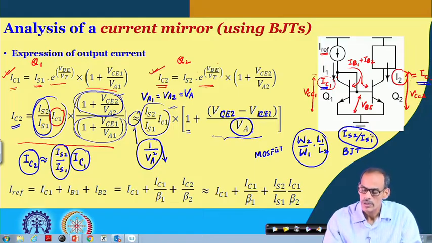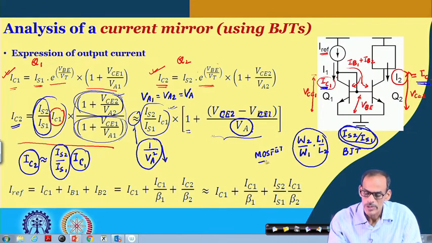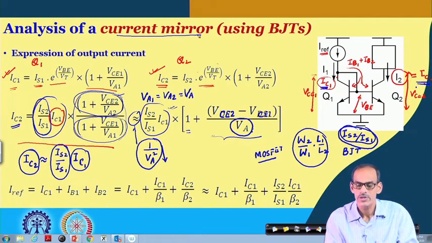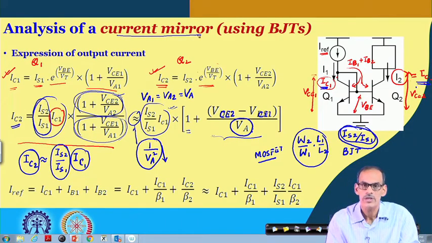In fact, geometrically, if we see the dependency of this IS on the geometry of the transistor, this ratio is, I should say, the emitter to base junction area ratio. Anyway, since this current is getting mirrored here, that is why the name suggests that it is mirroring the current based on their aspect ratio or emitter area ratio.